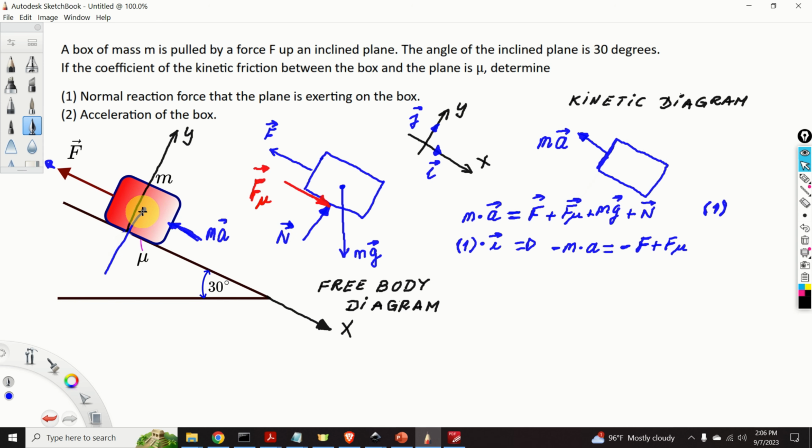We are interested in this angle over here. Let's analyze these triangles. Obviously, this side of this angle is perpendicular to this side of this angle. Also, this side of this angle is perpendicular to this side of this angle. Consequently, this angle must be 30 degrees.